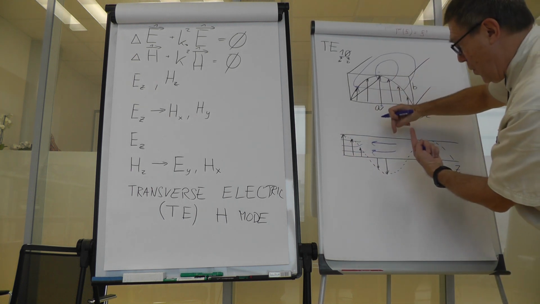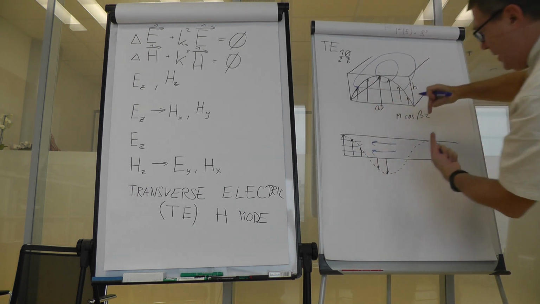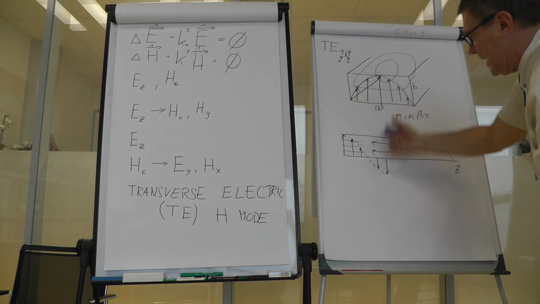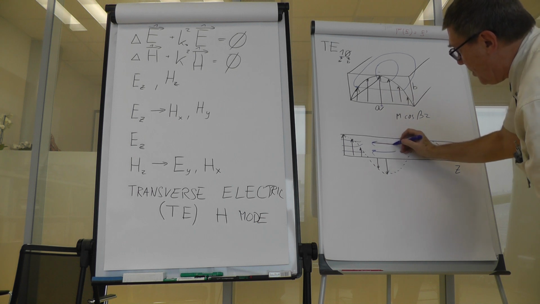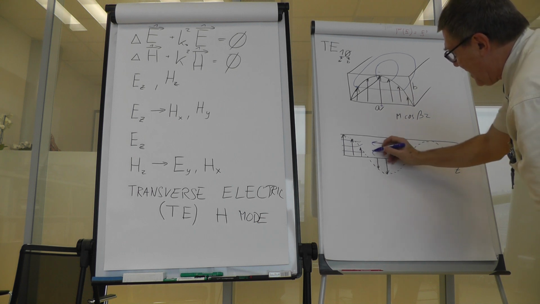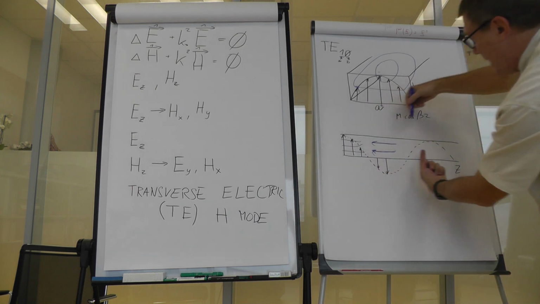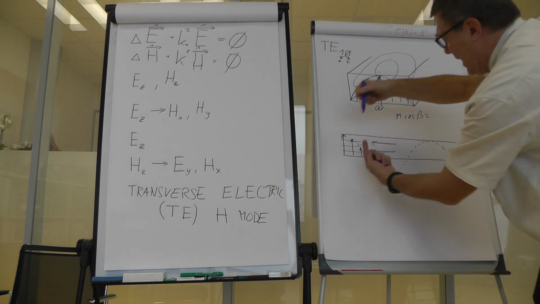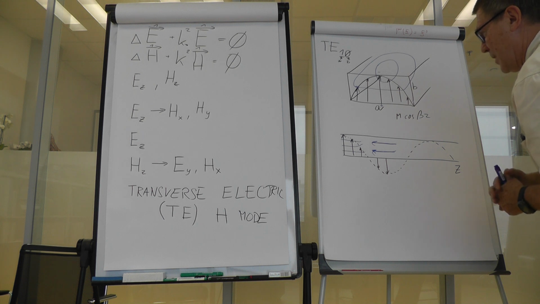Well, those loops are closed, but in this view we can see only the projection of those loops which seem to look like a simple vector, but that's a rotating, not circle, but a rotating planar loop.